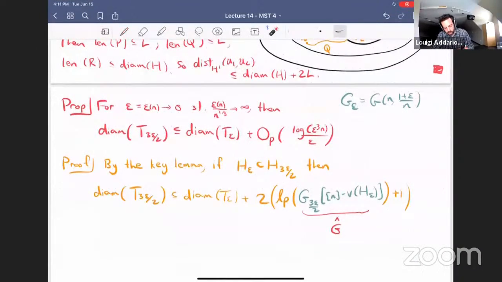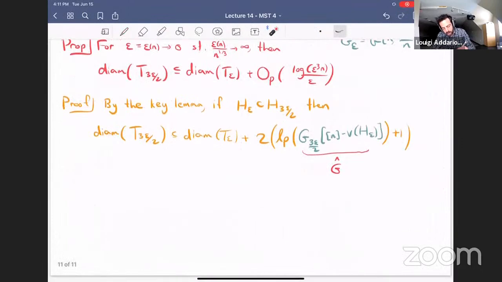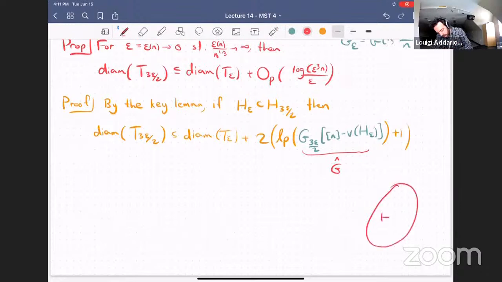Right. So maybe a little picture is in order. We've got our component H epsilon, right? We think about removing it, and now there are all these other components.